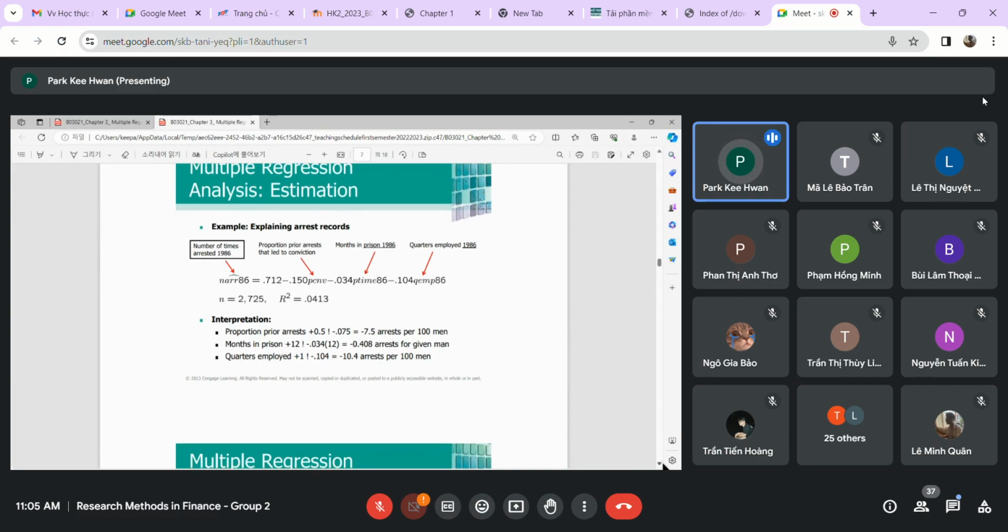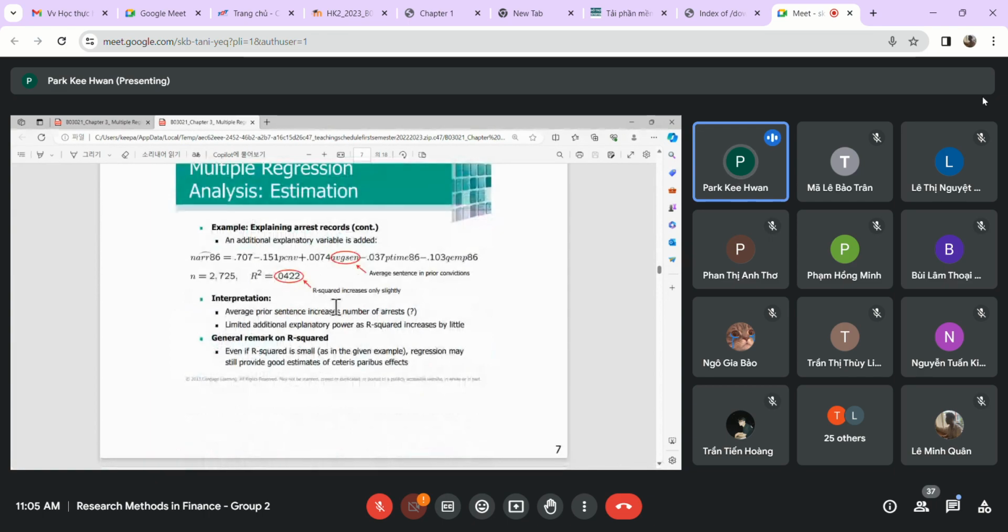Now suppose that you add one more variable, and how will it affect the R square of your model? Okay, so we have an additional variable in here. This is the average sentence in prior conviction. Basically, when you have more explanatory variables, the R square increases. But the question is how much it increases.